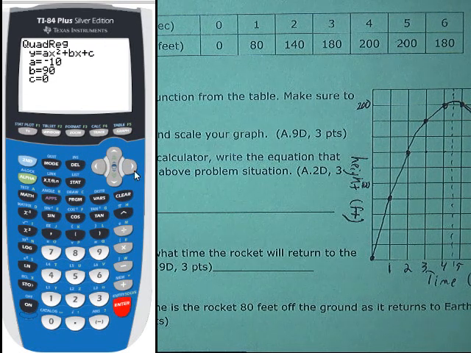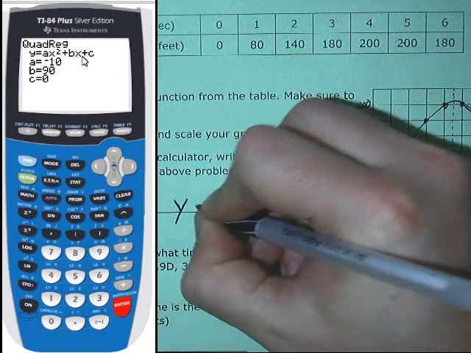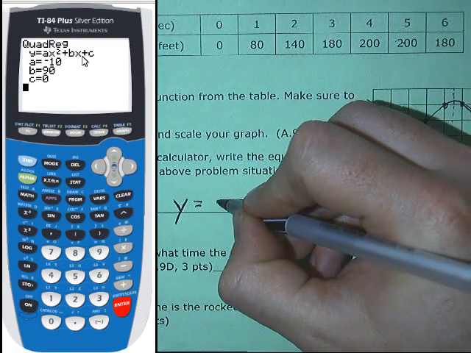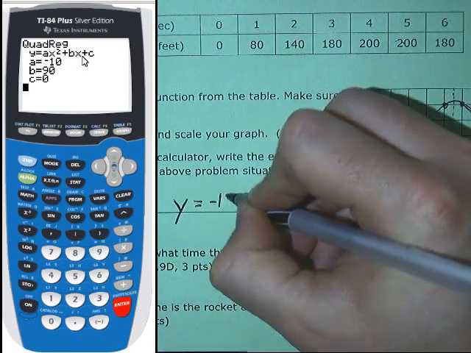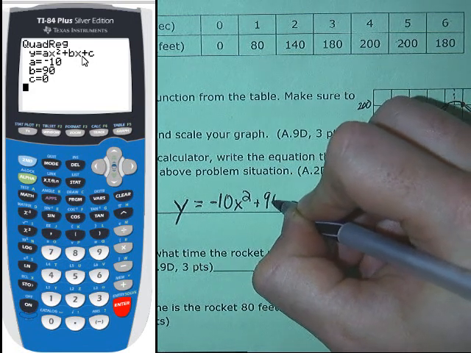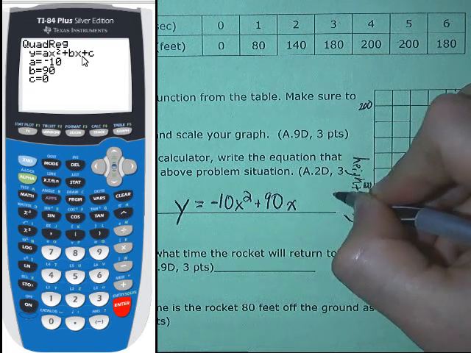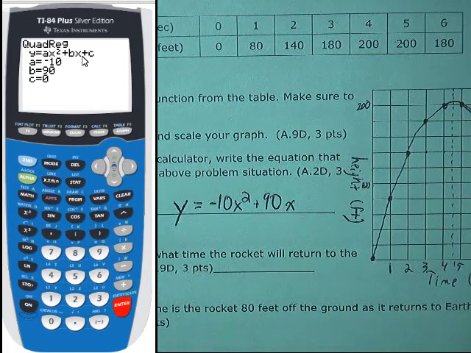It tells us that we've got ax squared plus bx plus c, which is our standard form for a quadratic equation. But a is negative 10, b is 90, and c is 0. So my equation is y equals negative 10x squared plus 90x. You can write plus 0 if you want to, but we never have to write plus 0 because it doesn't affect anything.